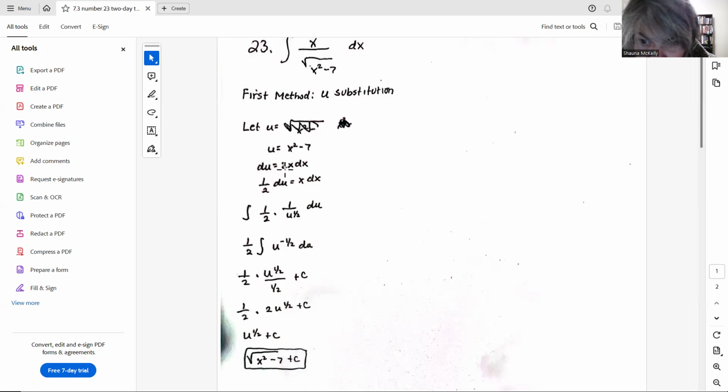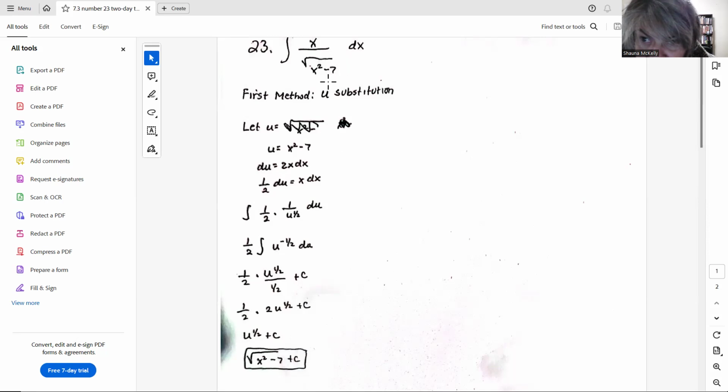My du is then the derivative of this, which is 2x times my differential dx. And because I have to make a substitution for x dx, I'm going to say that 1/2 du is x dx. So that gives me the integral of 1/2 du.